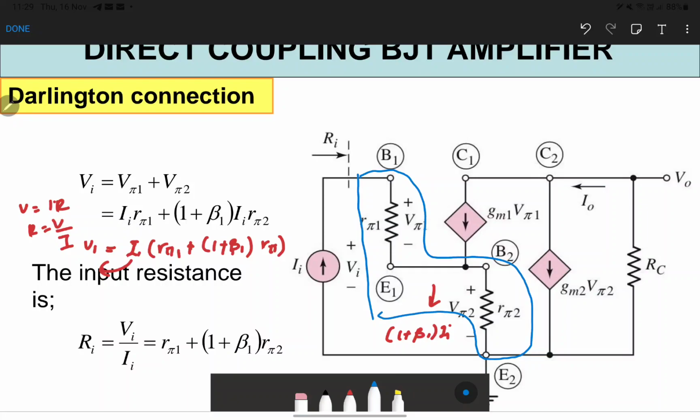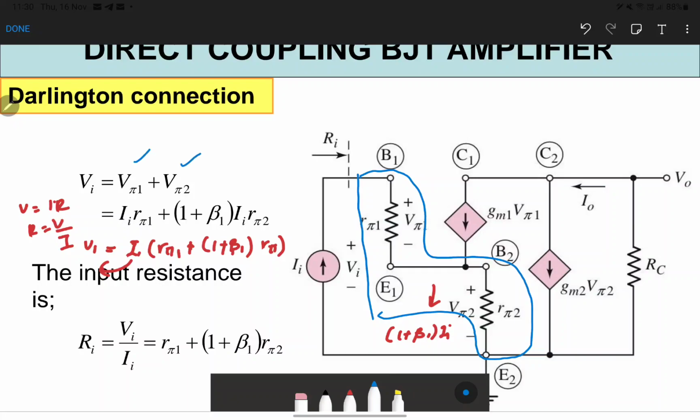So how do we find this total resistance? The best way is to find out the total voltage between these two. So we name it V input. V input is a combination of the voltage V pi 1 and the voltage V pi 2.